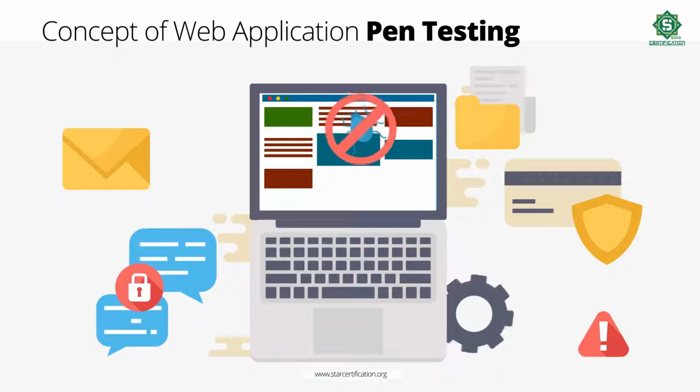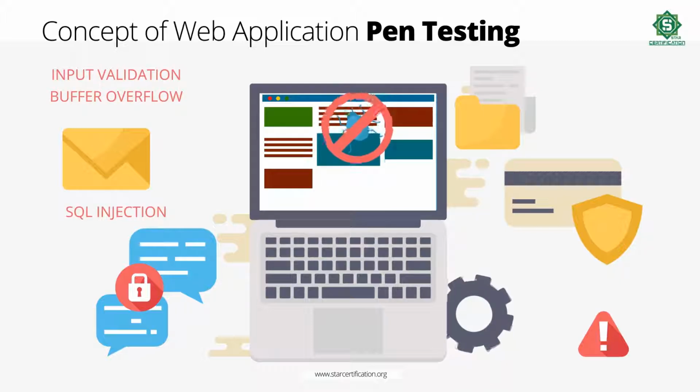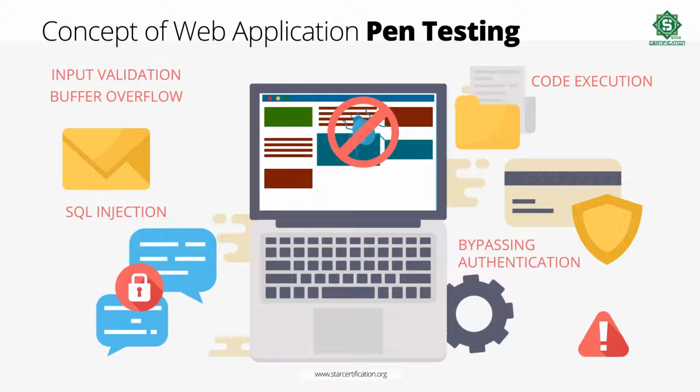It helps in identifying, analyzing, and reporting vulnerabilities, such as input validation, buffer overflow, SQL injection, code execution, bypassing authentication, etc. In a given web application, penetration testing is performed by conducting a series of methodological and repeatable tests and then working through all the different application vulnerabilities one by one.